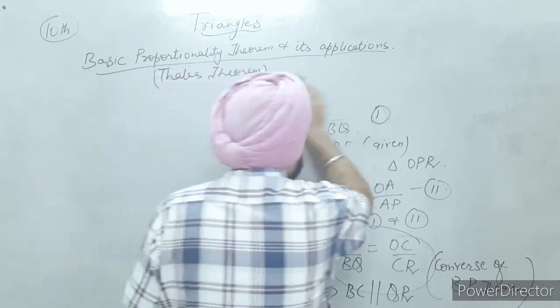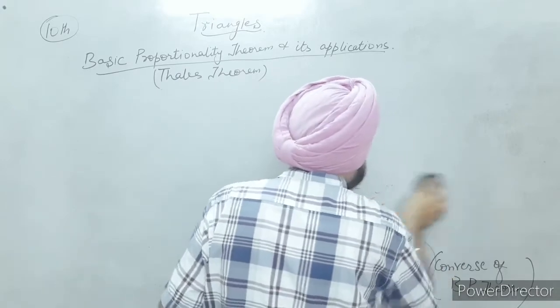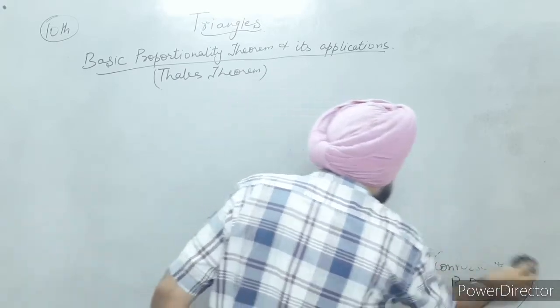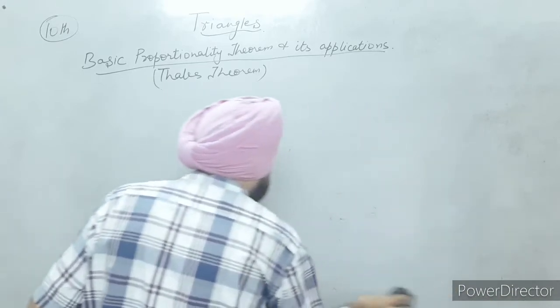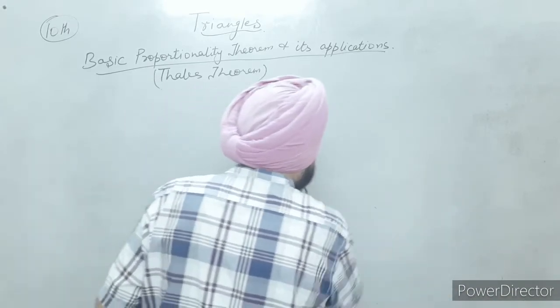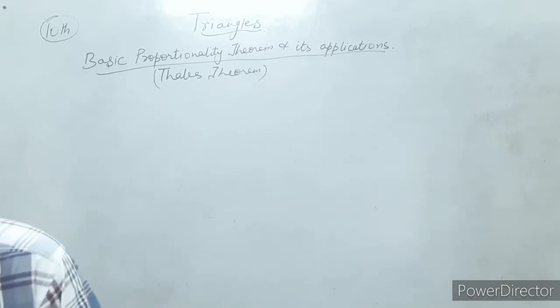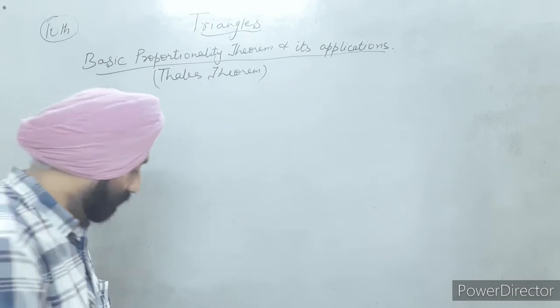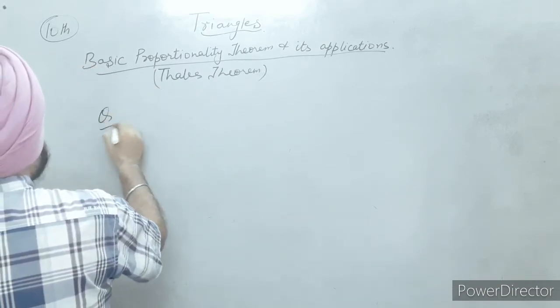One more question before we wind up this topic of basic proportionality theorem, its converse and its applications. Now, the question is this. ABCD is a trapezium again.